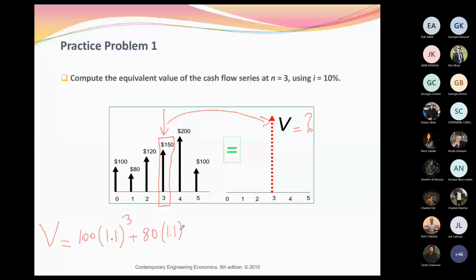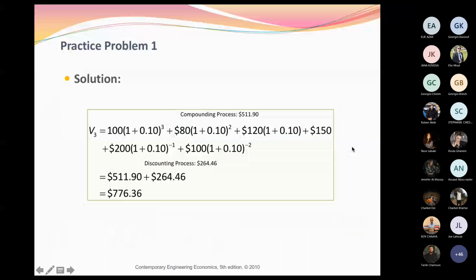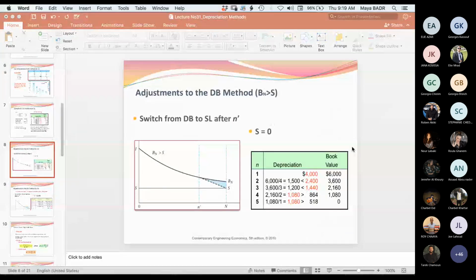The value of 150 remains the same because it's at the end of year 3, plus 200 discounted once, plus 100 discounted twice. Okay? You find the value of V. Any questions?